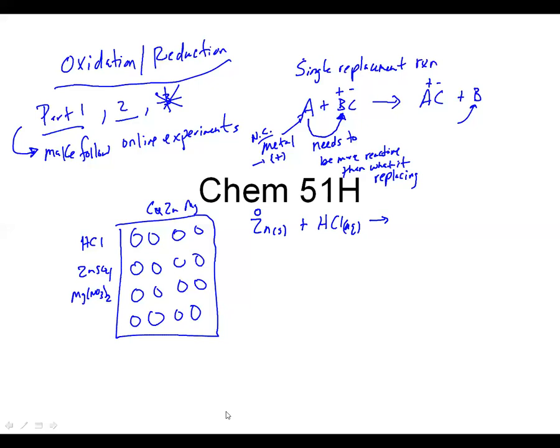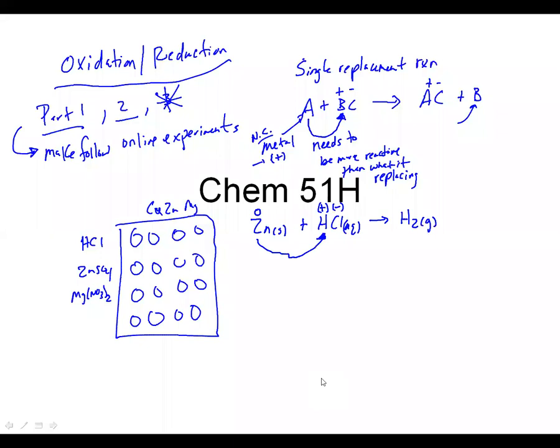Hydrochloric acid really is a positive H plus and a negative. So if this reaction took place, the zinc would come in and kick out the hydrogen. And when it does, hydrogen comes out by itself, and hydrogen's natural form when it's uncombined is hydrogen gas, right? So you would see bubbles in this experiment.